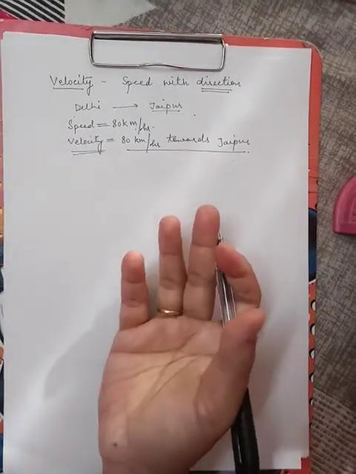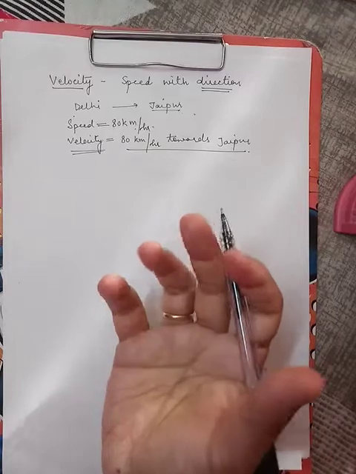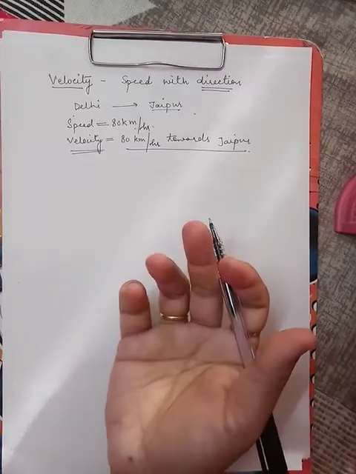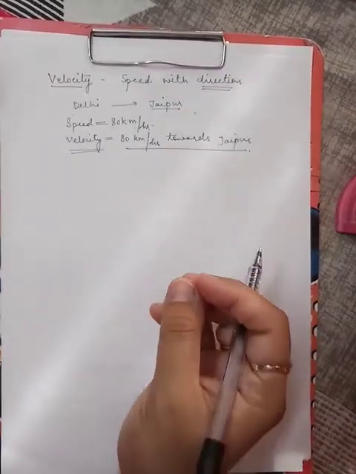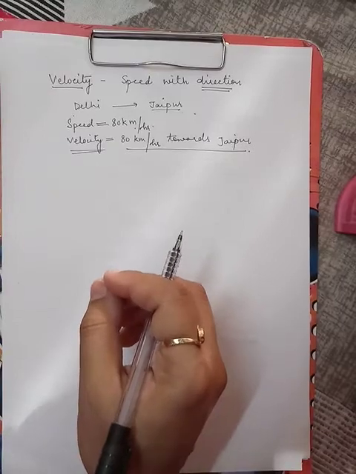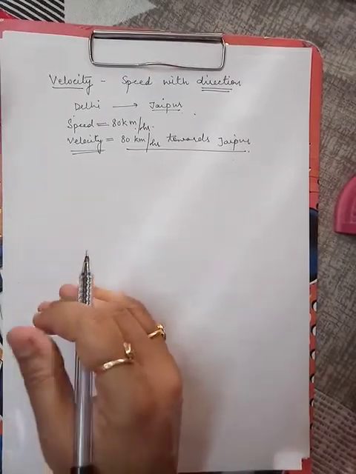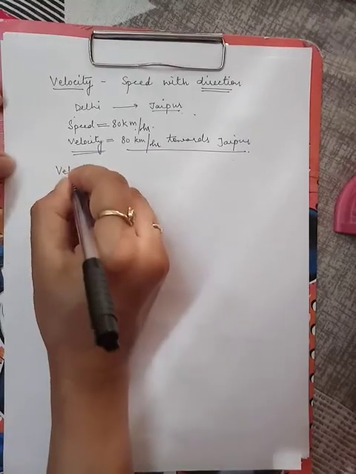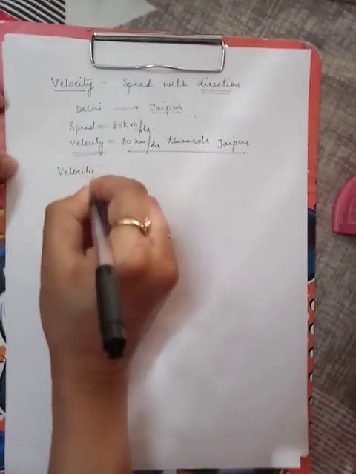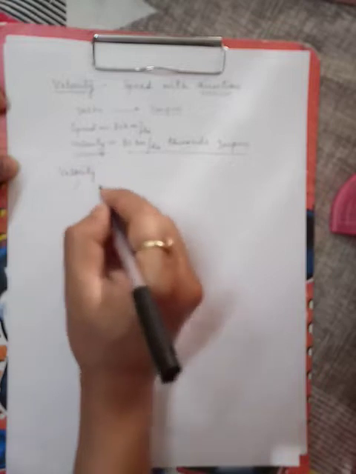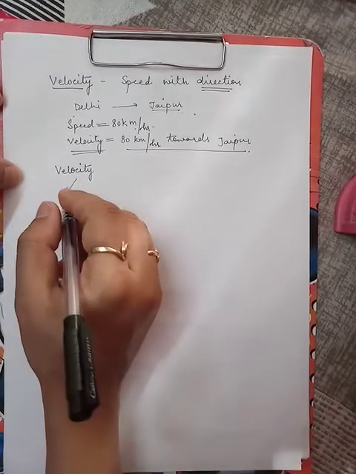This is not a large difference, but it is a very important difference. Similar to the speed types, we can have velocity types. Velocity is also of 3 to 4 types.